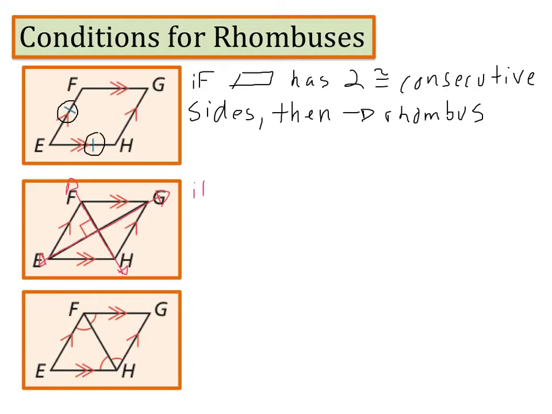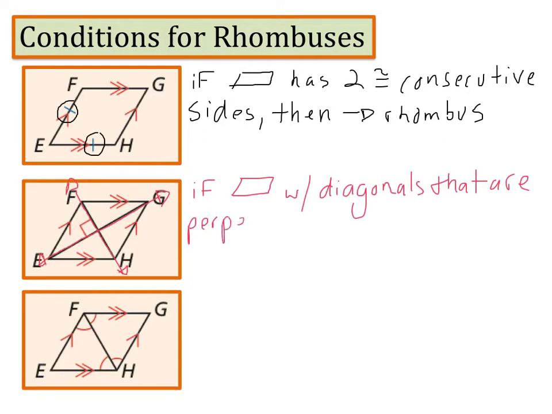So we know that if we have a parallelogram with diagonals that are perpendicular, then the parallelogram is a rhombus. So all of these conditions tell us whether the parallelogram that we're given can be a rhombus.